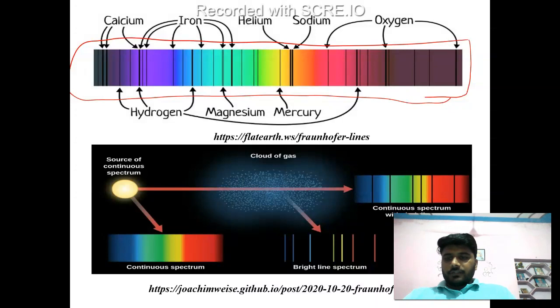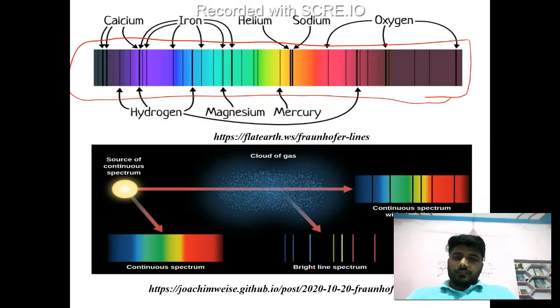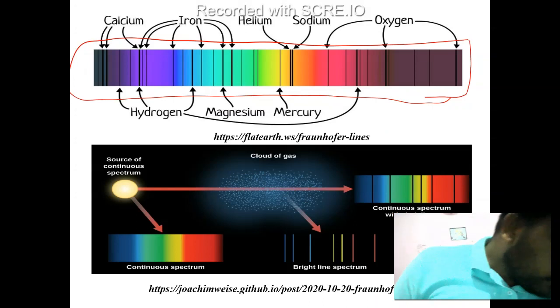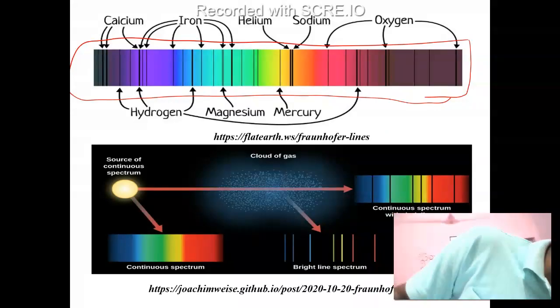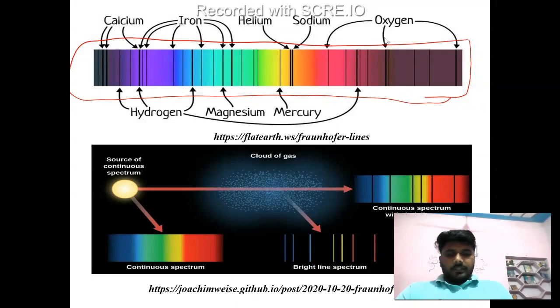If there is a source of continuous spectrum like the solar spectrum, and a cloud of gas is in the path of these radiations, then these specific wavelengths are absorbed by the vapors of these elements.